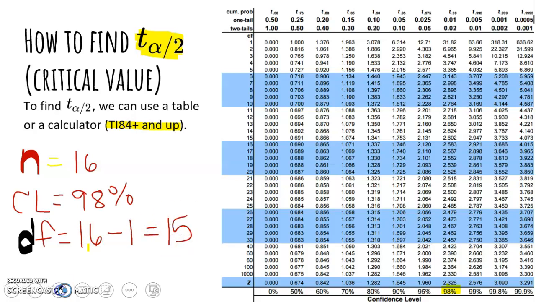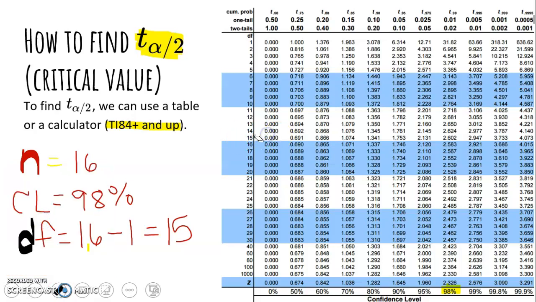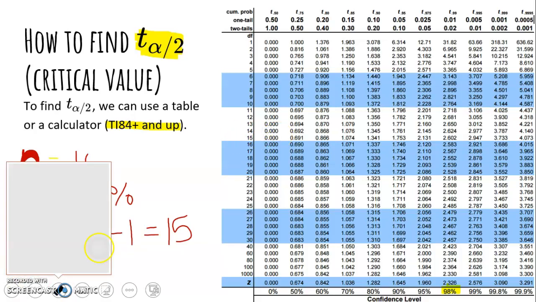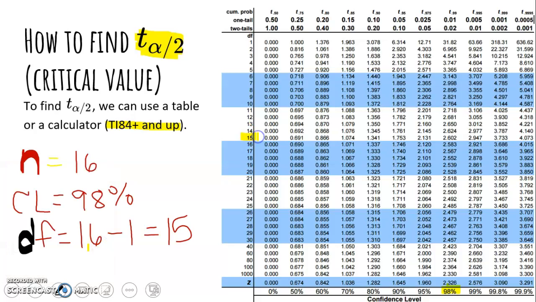So what we're going to do is we're going to go up to 15. All right, 15. So what we do is we go up the column that says 98%.